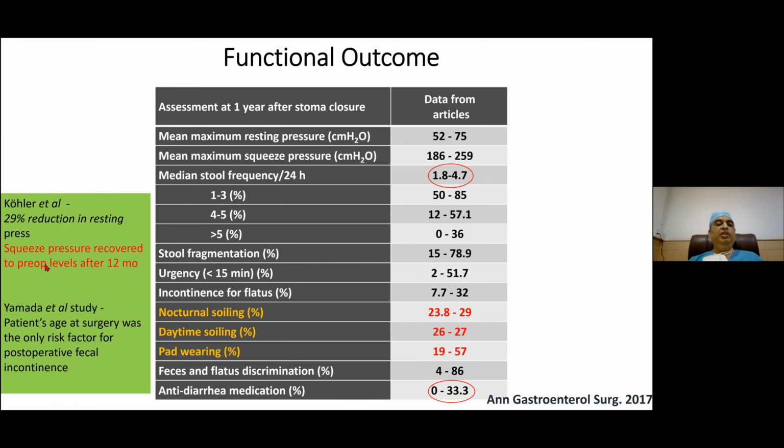But the important thing to note is that in the initial period there may be slight incontinence, but the squeeze pressure gradually recovers with time and reaches normal levels up to 12 months. So always choose a younger patient, less than 50 or 55 years of age, with good sphincter squeeze pressure for these procedures.